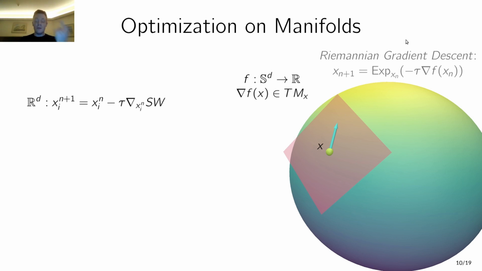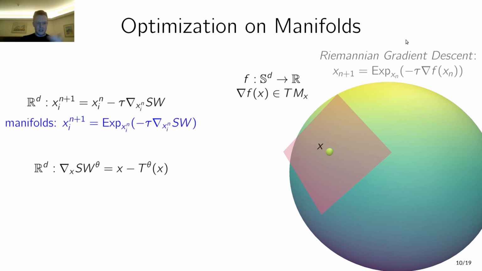For example, to do Riemannian gradient descent, you can simply iterate that process and repeatedly follow geodesics that have as initial velocity the opposite direction of your gradient. And as you see, as in the Euclidean case, we are going to converge towards a local minimum of our function. So that fixes our first problem, and that gives us a way to move on that manifold.